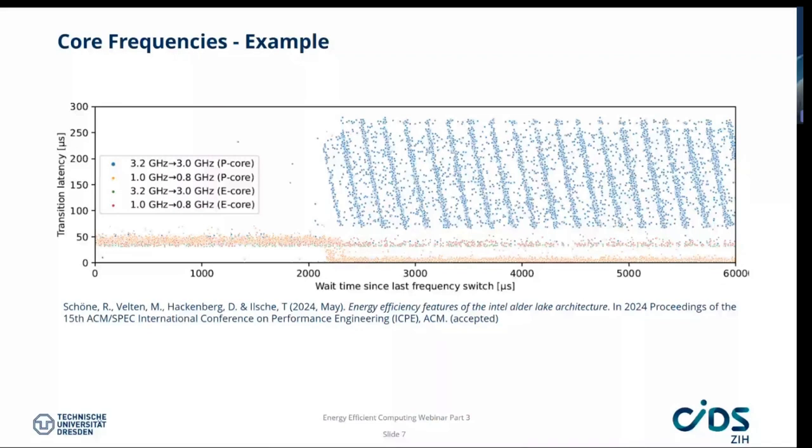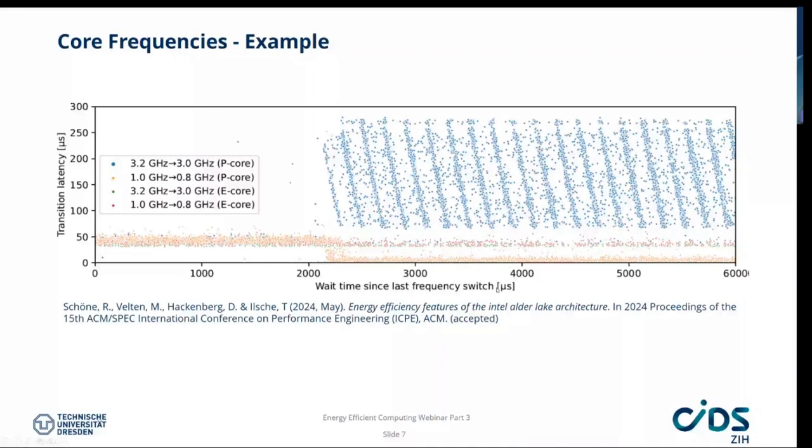And the issue is that if you look at that graph, that is for an Intel desktop processor, but the blue behavior that we see here is also valid for Intel server processors. So what we see here is the time since the last frequency switch in microseconds.